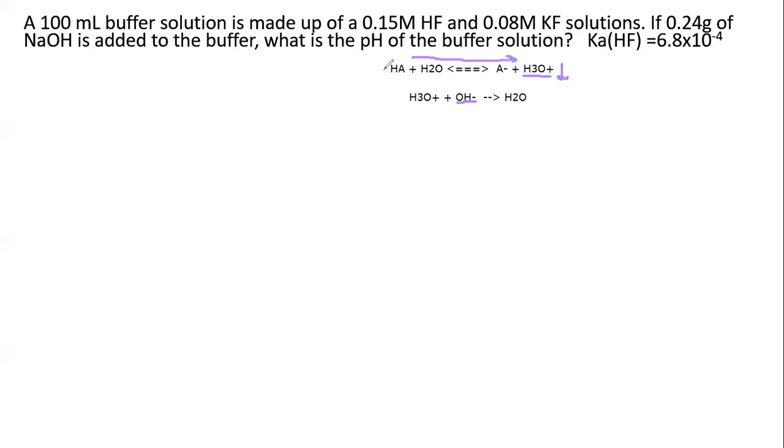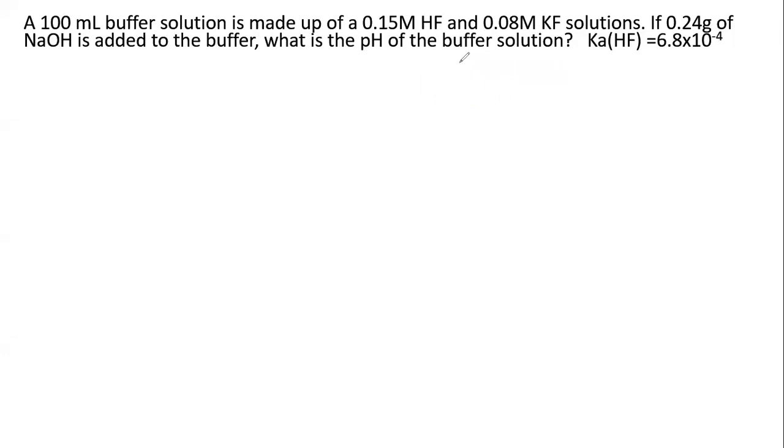And so as you shift to make more product, HA goes down, A minus goes up. So the concentration of weak base increases, the concentration of weak acid decreases. Because again, that hydroxide is removing the hydronium ion from that equation. You're decreasing the products. Le Chatelier's principle says it's going to make more product.